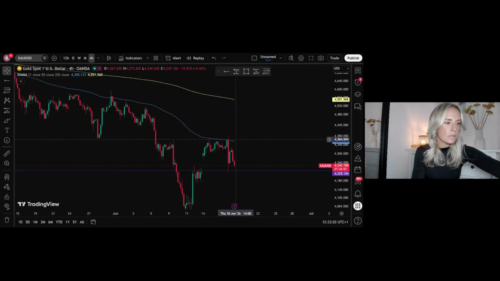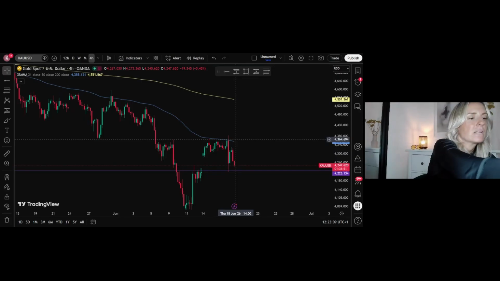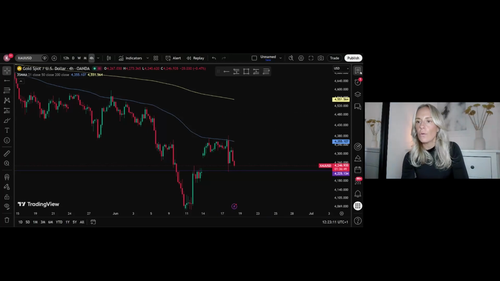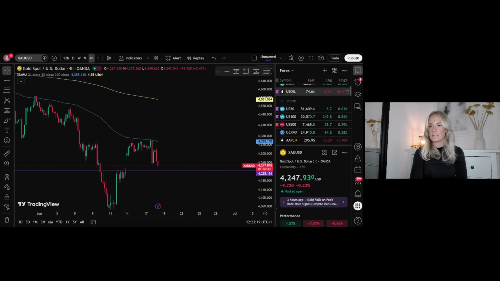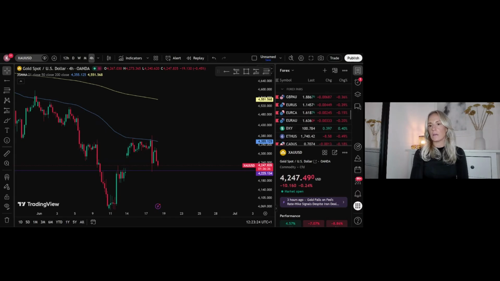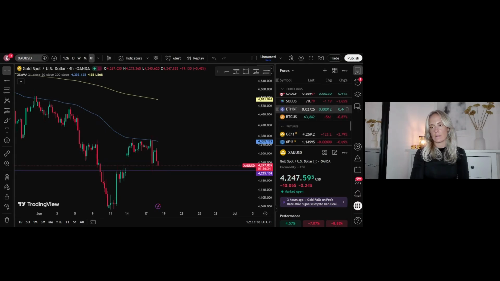On the right hand side, on this little tab, if you select that, this is your watch list. Well, this is my watch list. You definitely won't need to have all of these assets on your watch list at first, because that'll just be completely overwhelming.